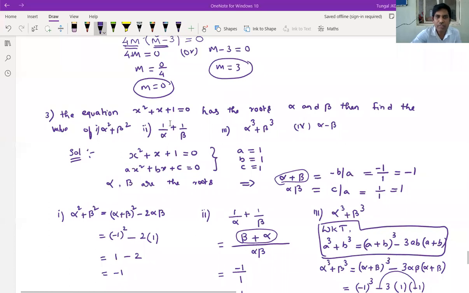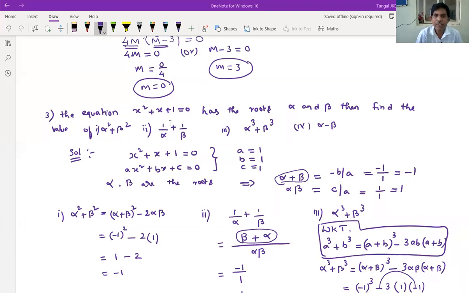Right. The equation x square plus x plus 1 is equal to 0 has the roots alpha and beta. Then find the value of first one alpha square plus beta square, second one 1 by alpha plus 1 by beta, third one alpha cube plus beta cube, fourth one alpha minus beta.